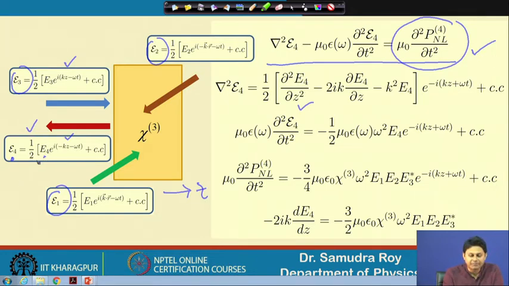E is the amplitude and the phase term is written here. E4 will be derived twice with respect to z, and once with respect to z the kz will be there. So, 2i kz and then k square E4. This is the grad square value of E4 once the E4 value is in our hand. Obviously, the phase term will be there in this way.